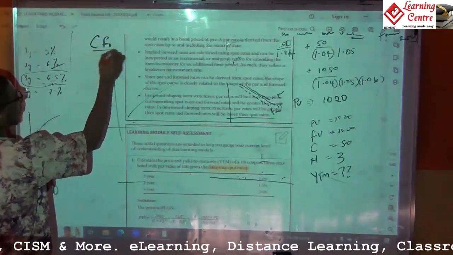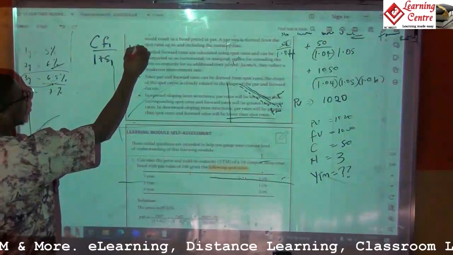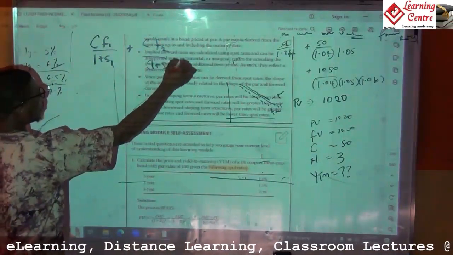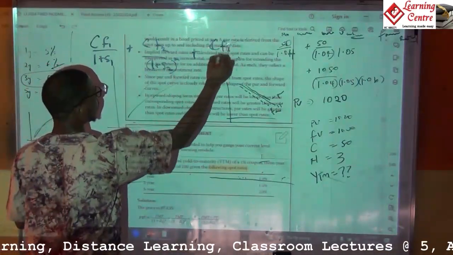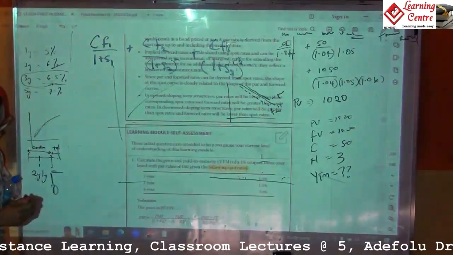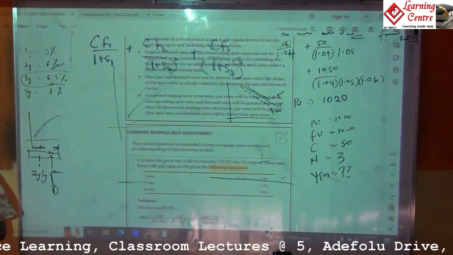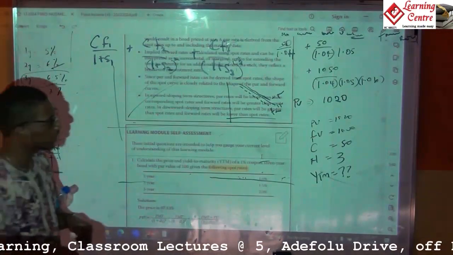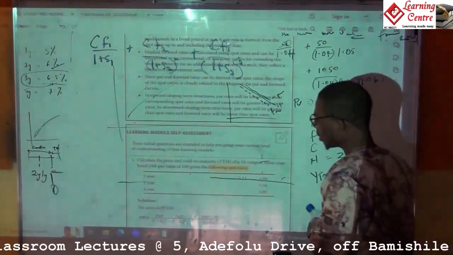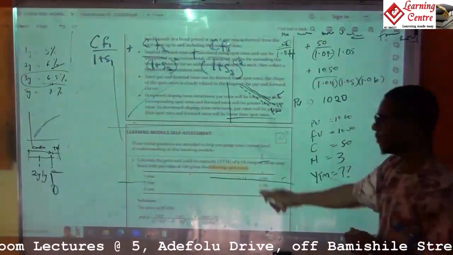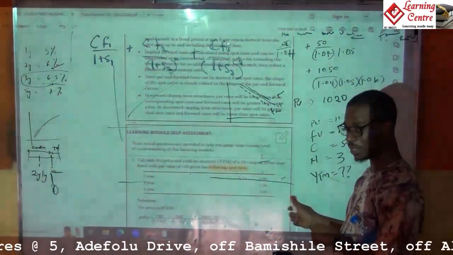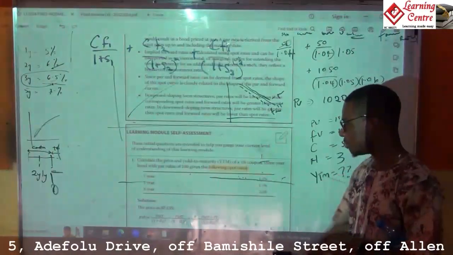You have cash flow 1 over 1 plus S1, cash flow 2 over 1 plus S2 squared, plus cash flow 3 over 1 plus S3 cubed. That's no arbitrage, one variation using spots. This one using forwards. Value this bond using this spot curve, then after getting the price, complete the table.